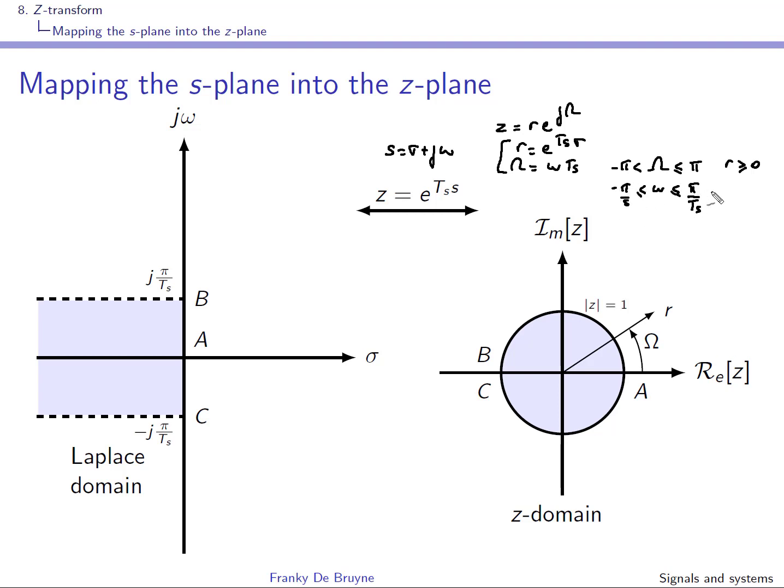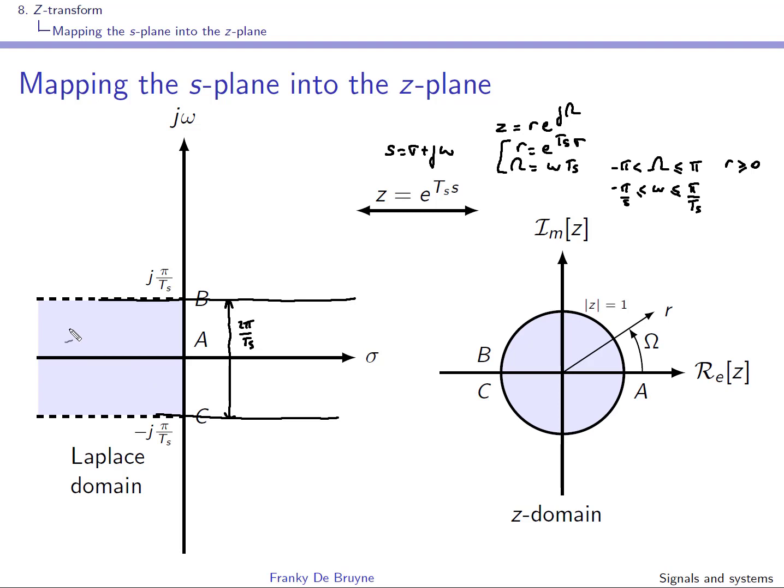And if you look at it in the S-plane, you can see this as a strip. This is this central strip of width 2 pi over Ts, right?